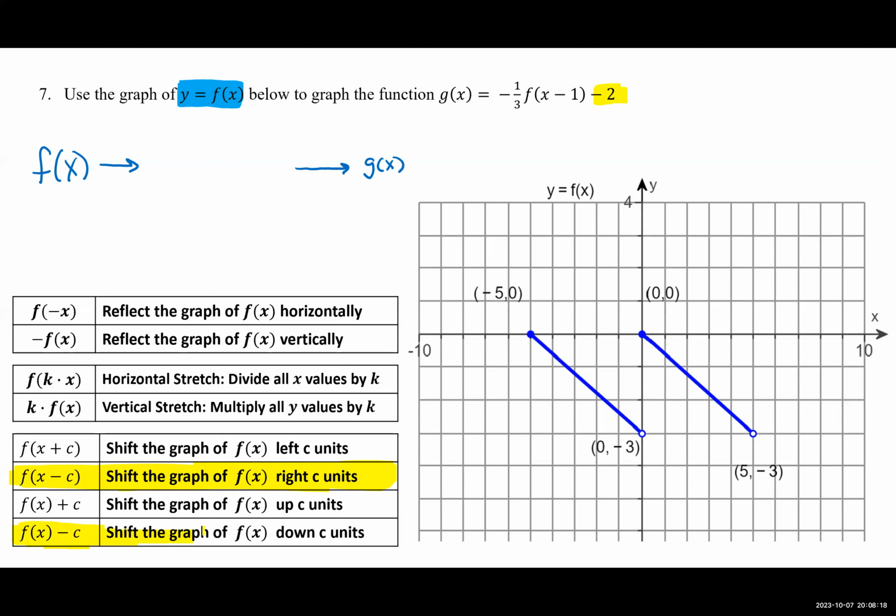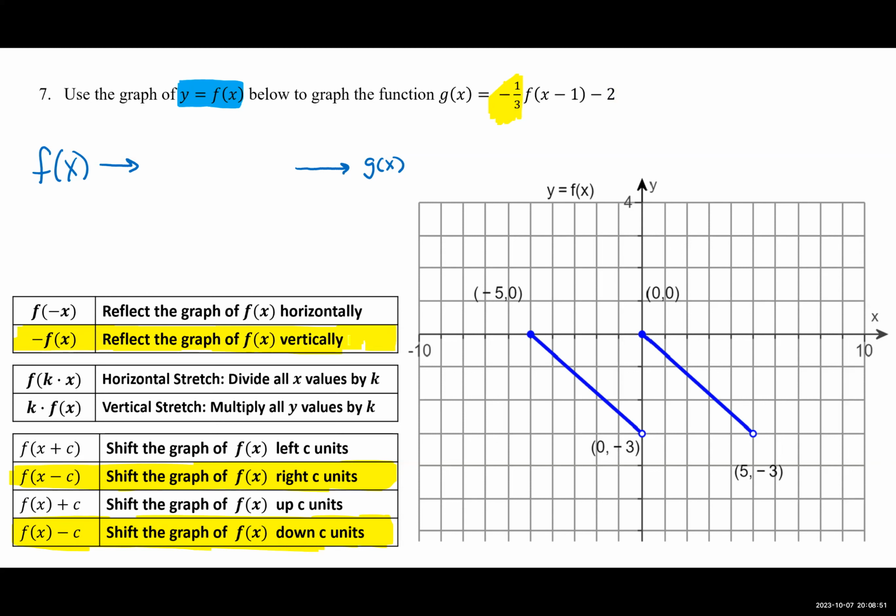So subtraction on the outside means we're shifting the graph down. Then I see multiplication on the outside. So there's a 1/3 and a negative sign. So -1/3. That's two different transformations. That is a negative on the outside, so that's reflecting the graph vertically.